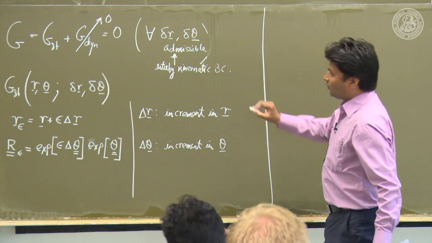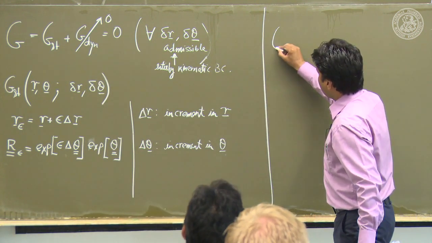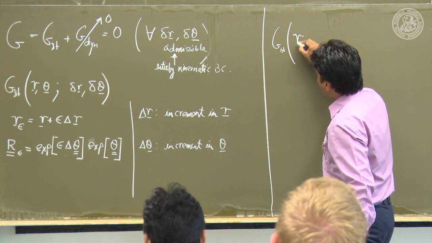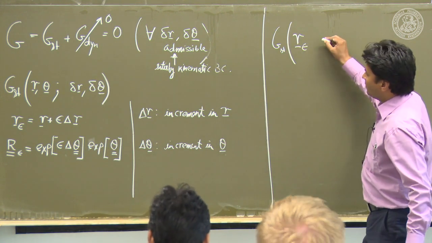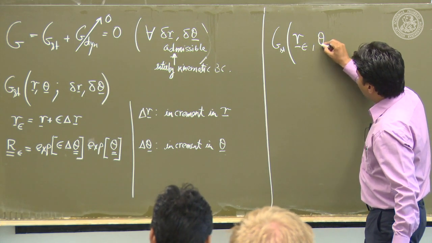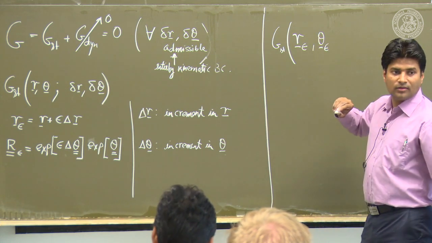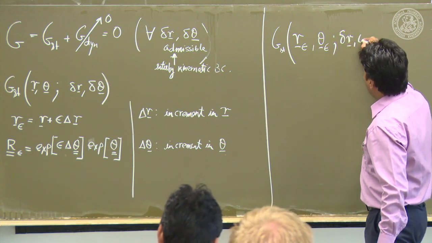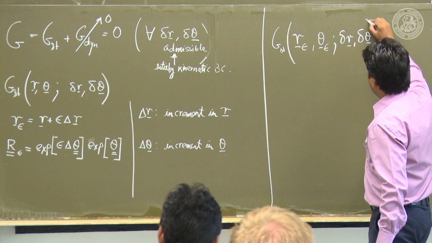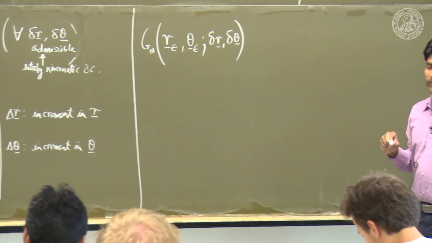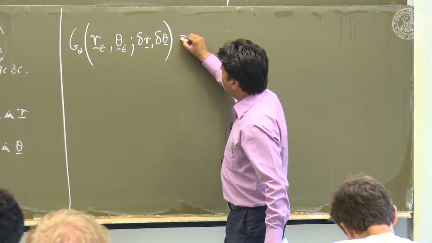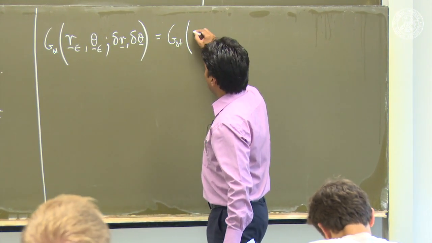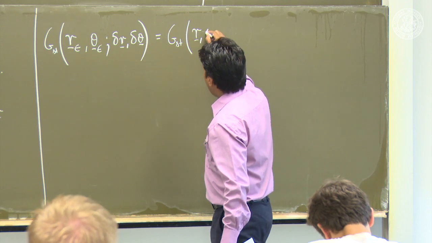So, that means we want to write down our G static at little r epsilon comma little theta epsilon and del r del theta. So, that would be equal to G static at epsilon equal to 0, which is little r comma little theta.